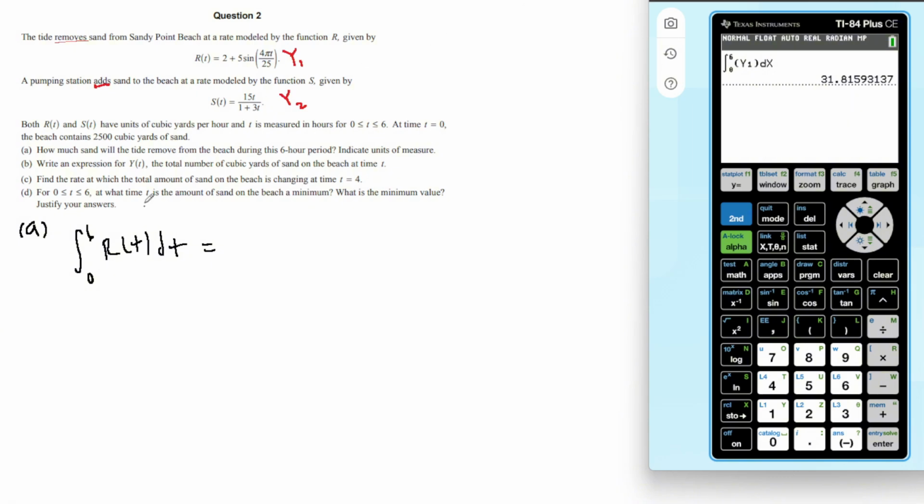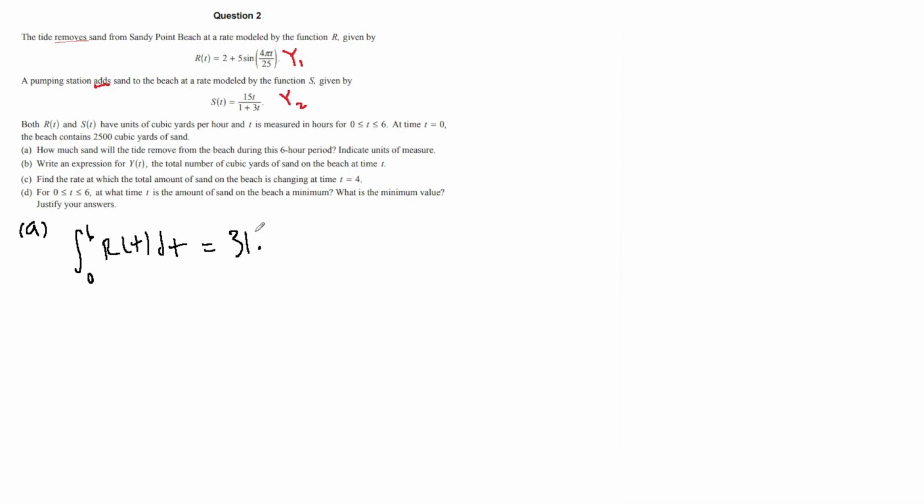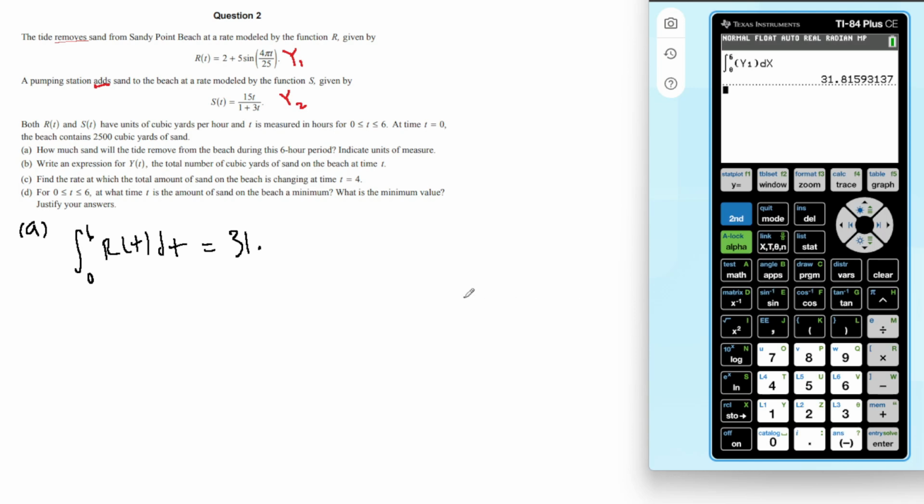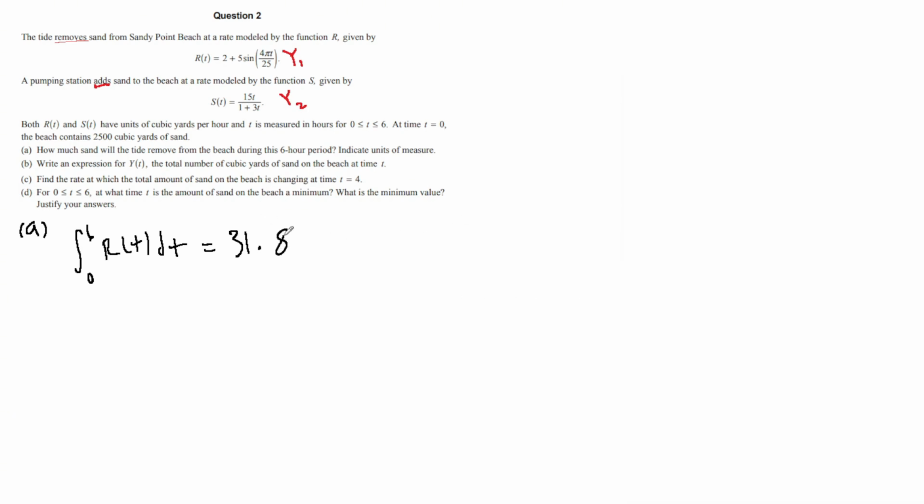So during the first 6 hours, 31.816. You can truncate or round, meaning you can write 815 or 816, but we'll do 816.